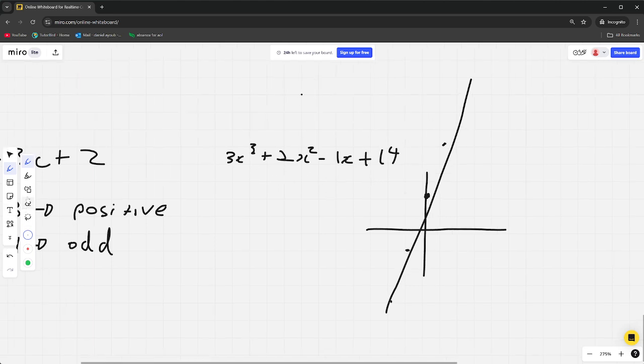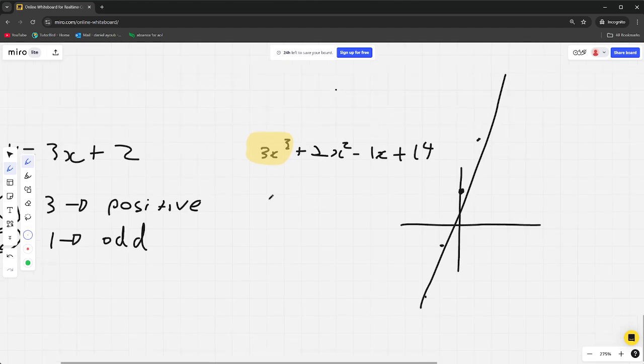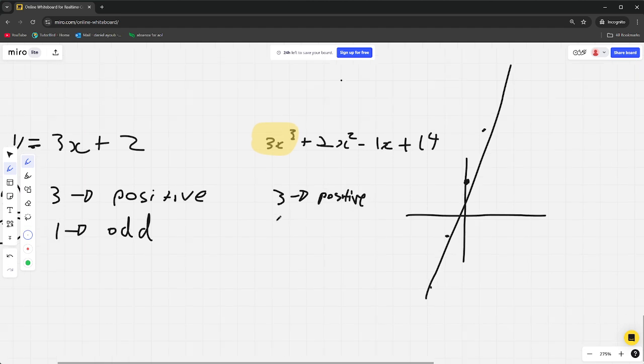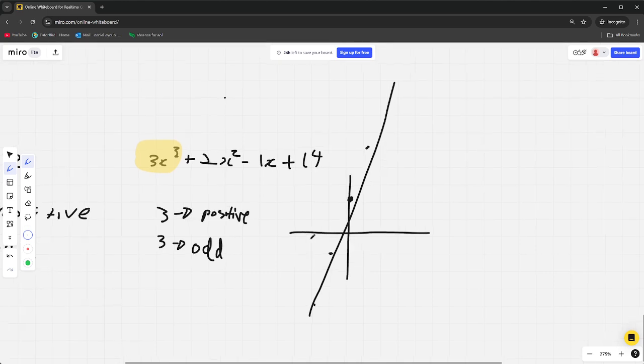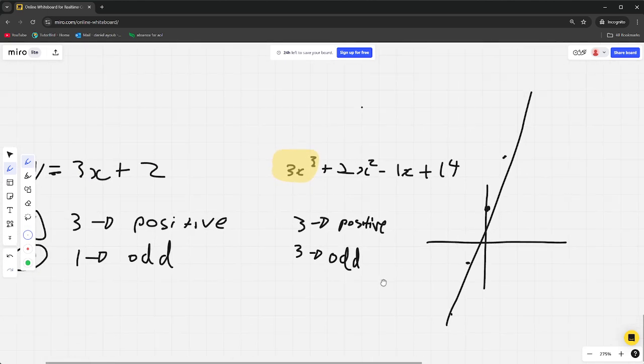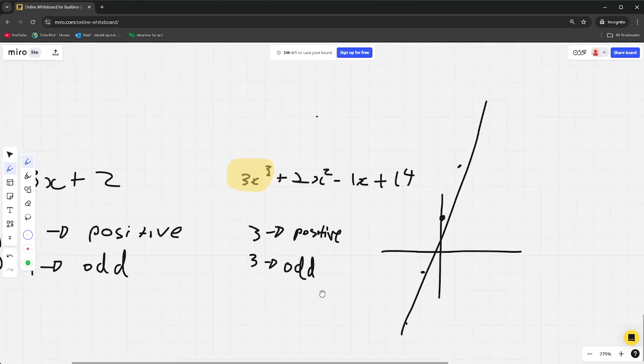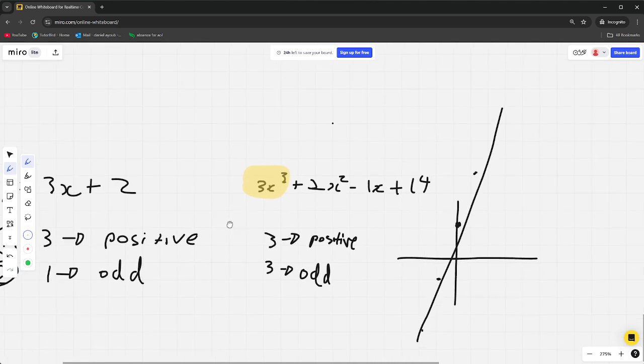Well, all we need to look at to generally see the form of this function is the first term with the highest exponent. We're going to do the exact same thing. Our leading coefficient is 3, so it's positive, and our biggest exponent is 3, which is odd again. What in the world does this mean? I'm clearly trying to show you that there's a relationship here. What do these functions share in common?